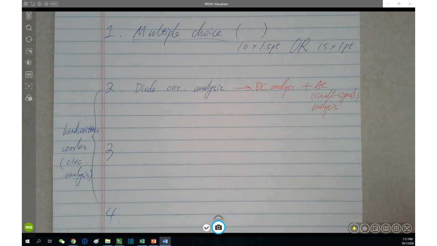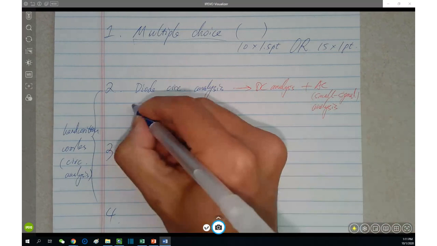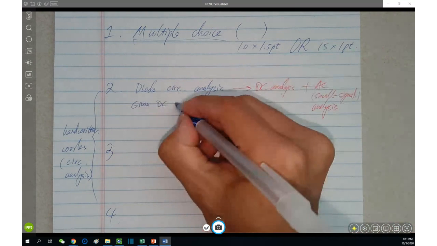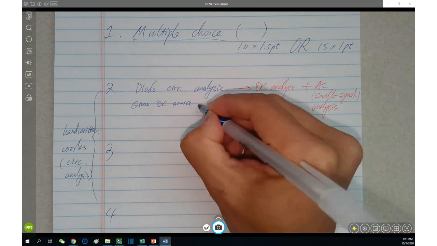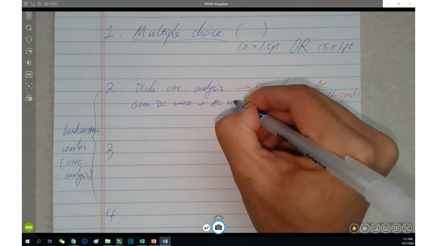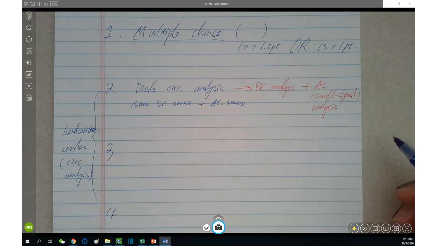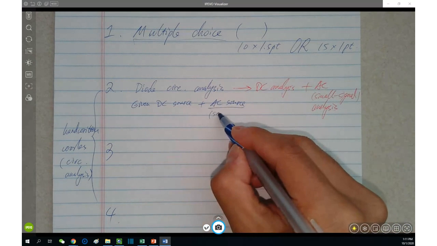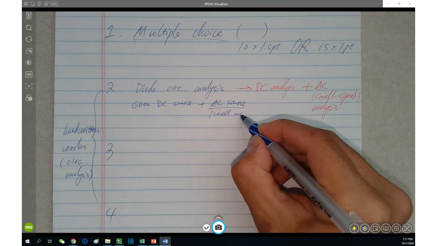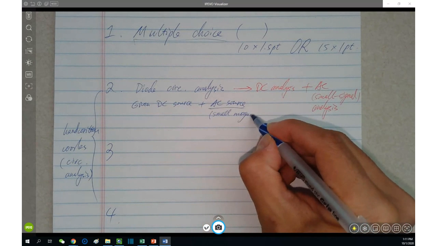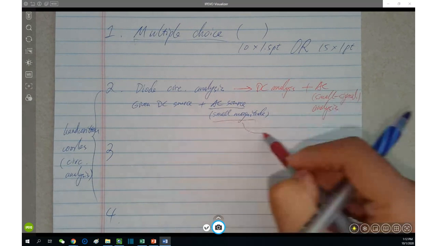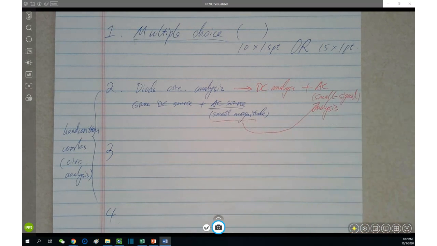What does it mean? Given a DC source plus an AC source, compared to the DC source, your AC source has very small or tiny magnitude. Therefore, it is called small signal, and therefore you are applying the small signal model. That's the key.